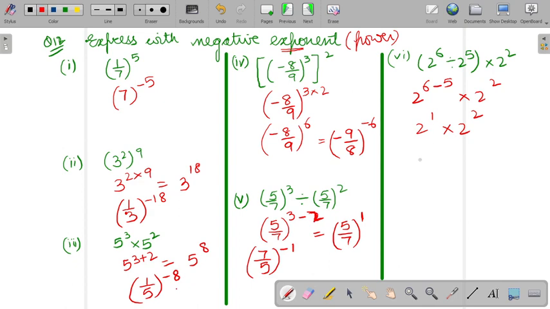Bases are same and it is in multiplication form. So what will you do? You will add the powers. Now again in this case the power is positive. So to make it negative you will write 1 by 2, reciprocal the base, and the power will become minus.